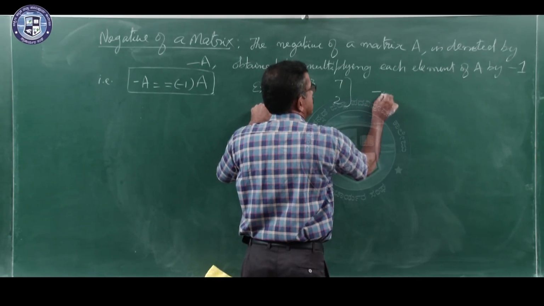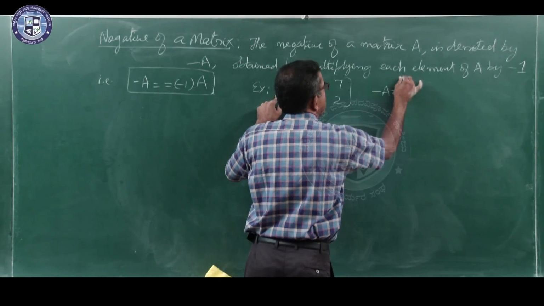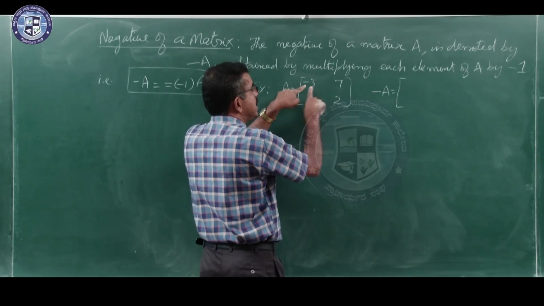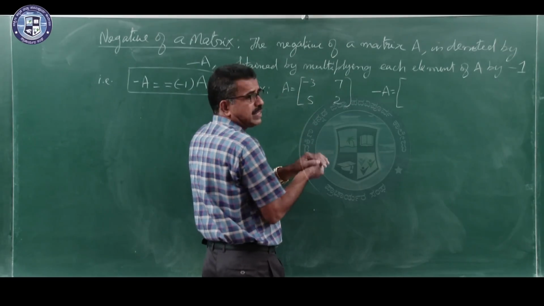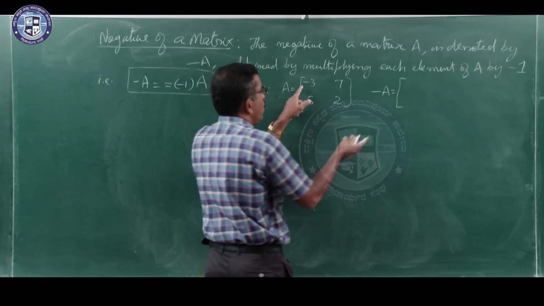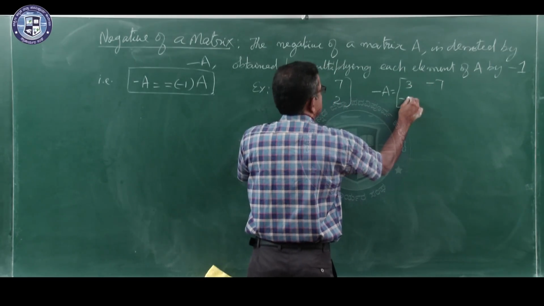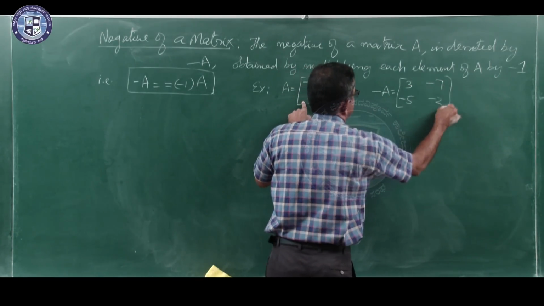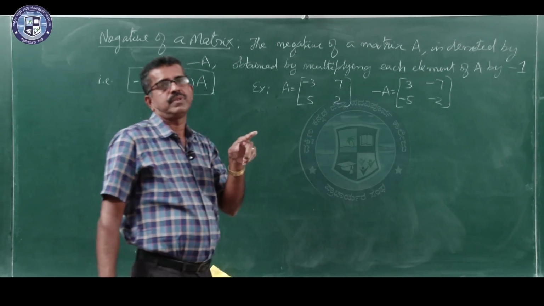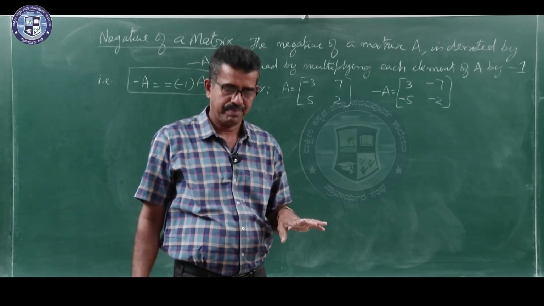I write here minus A. That means each element of A needs to be multiplied by minus 1, or simply change the elements into their negatives. We have plus 3, minus 7, minus 5, minus 2. This is the negative of a matrix.